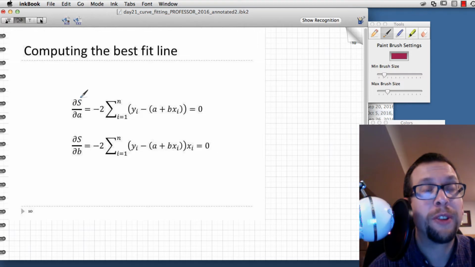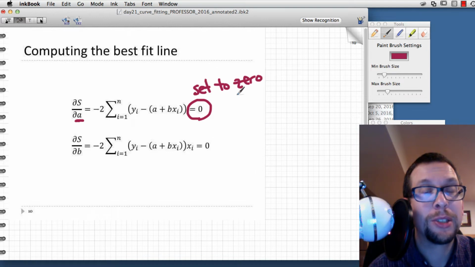So the partial derivative of the equation with respect to A is equal to this, and we set it equal to 0 to get the minimum, because we know that in a function, when you have the derivative equal to 0, effectively you're looking at the minimum value of that original line. And we do it as well for the partial derivative of that original equation with respect to B, and we set that equal to 0 as well.